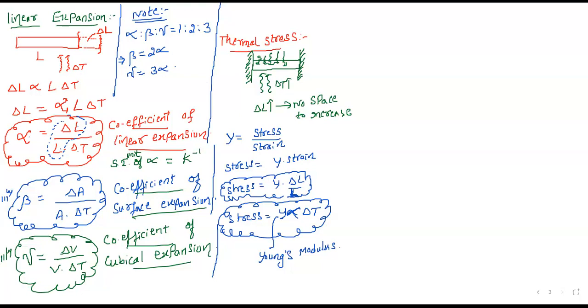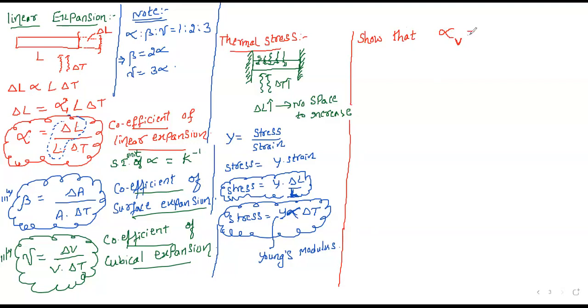Now, the next question is also very, very important, students, which is frequently asked for 3 marks. They will ask us to show that the coefficient of volume expansion, which I will denote with alpha V, instead of using gamma, they may use alpha V. Alpha V tells the coefficient of volume expansion.